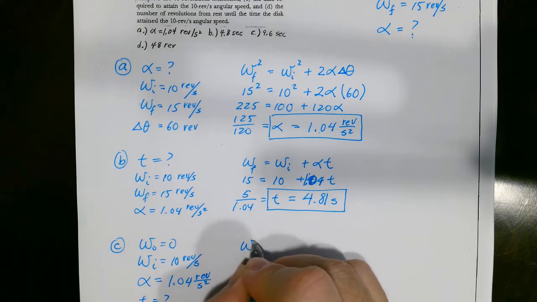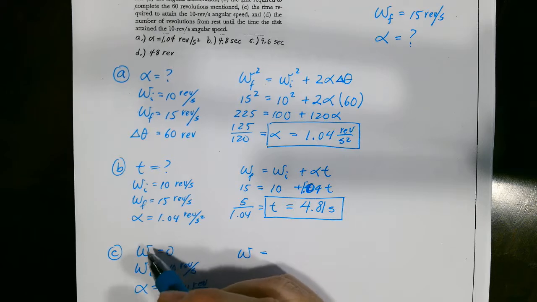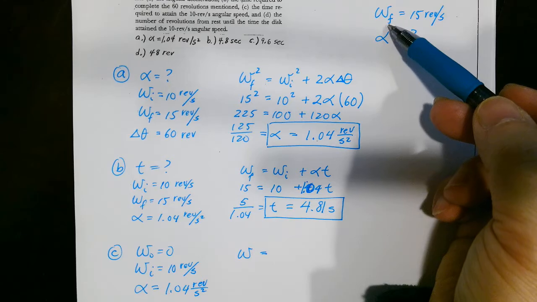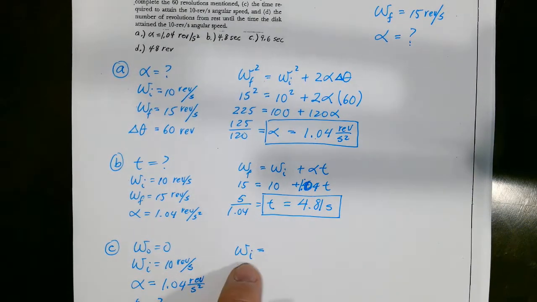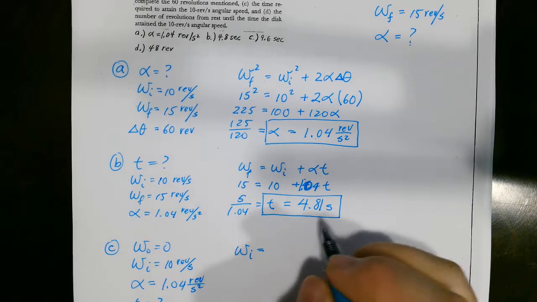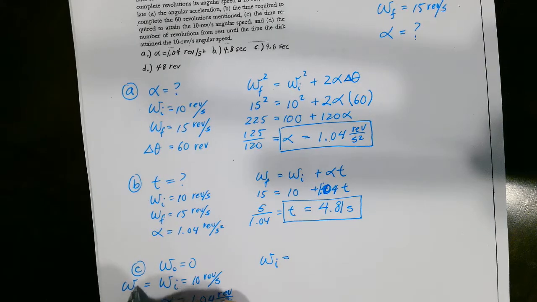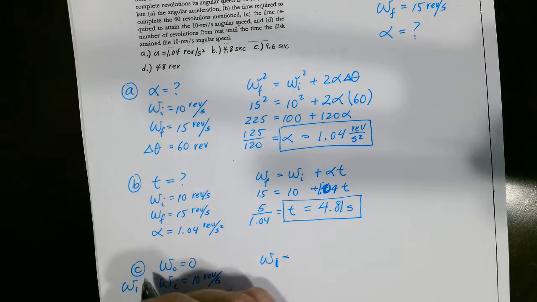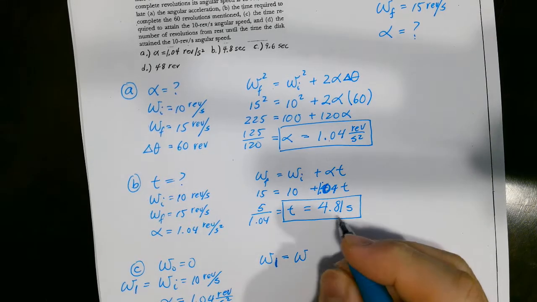So here, I should not have used initials and finals. We could have used 0, 1, 2. But you know what this initial means. This is actually the final for this. So if you want to, you could say omega 1, so we won't get confused. So omega 0, omega 1, and that is omega naught.